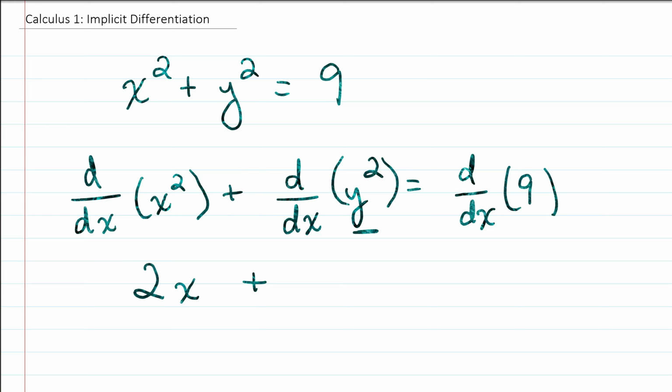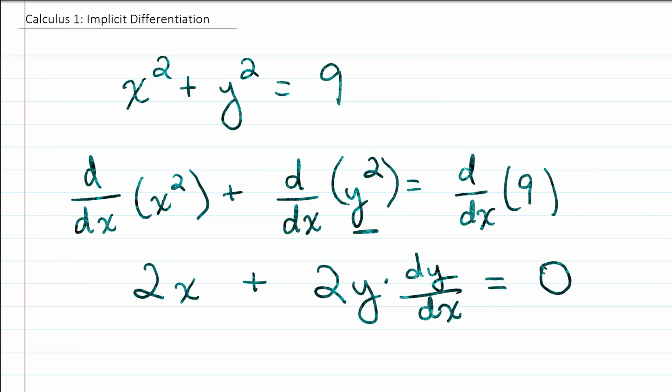The derivative of the outer, applying the power rule, is 2 times y, as the inner stays the same. Then we multiply by the derivative of the inner. The derivative of y with respect to x is dy dx. And then, for the last term, we know that the derivative of any constant is just 0.